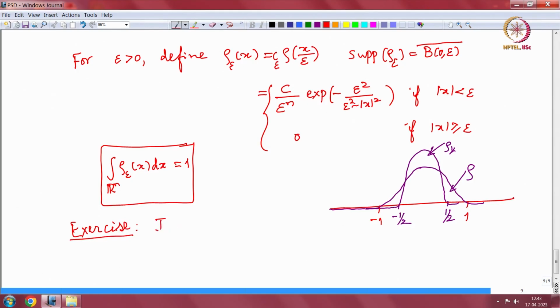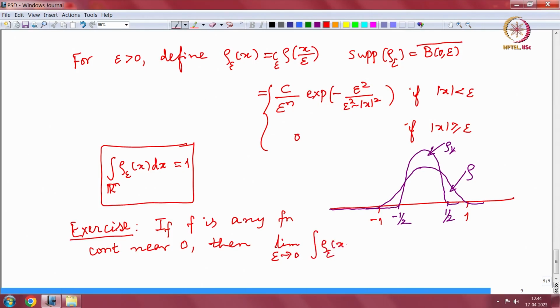So, if f is any function continuous near x equal to 0, then the limit as epsilon tends to 0 of the integral of rho epsilon x f x dx is equal to f of 0.